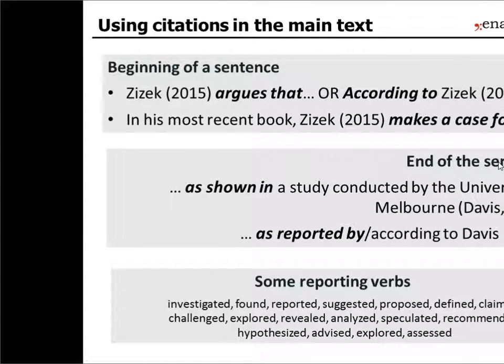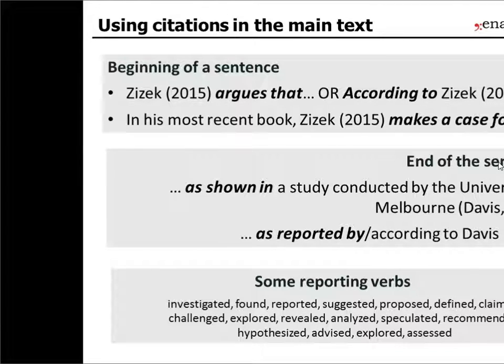Similarly, you can also include the citation at the end of the sentence. So, as reported by Davis 2015, etc. It can be placed at the beginning or at the end, depending on how you're writing that particular sentence.